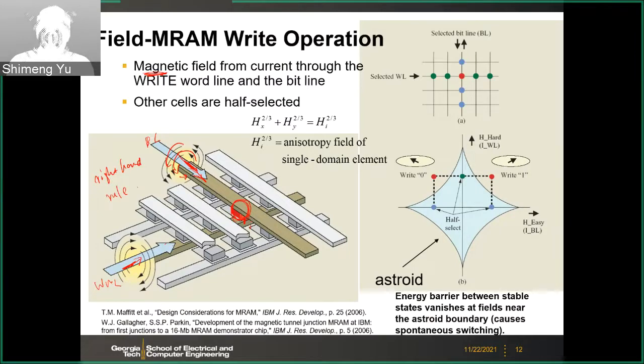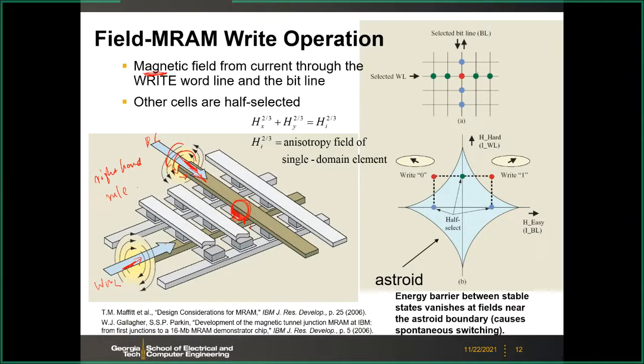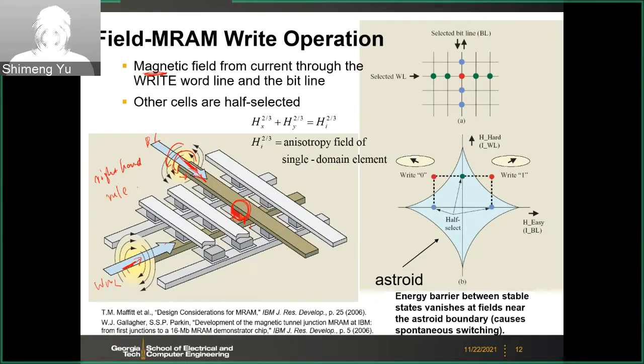So it's field switching. And again, you will have this so-called half-select problem. Here you want only this cell to be flipped, so you need to apply both currents from the write wire line and the bit line. And then this cell is going to experience both fields. These fields will be perpendicular. For example, you are going to have this direction and that direction.